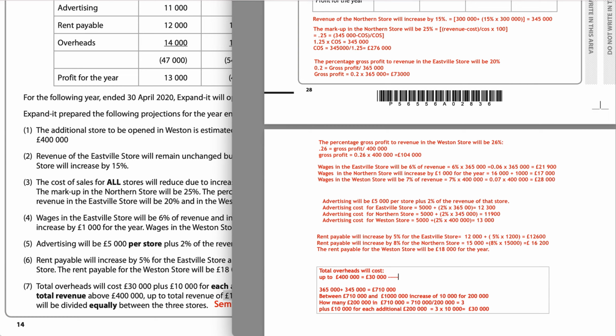So this is the first fixed cost, and this is going to be the second fixed cost.